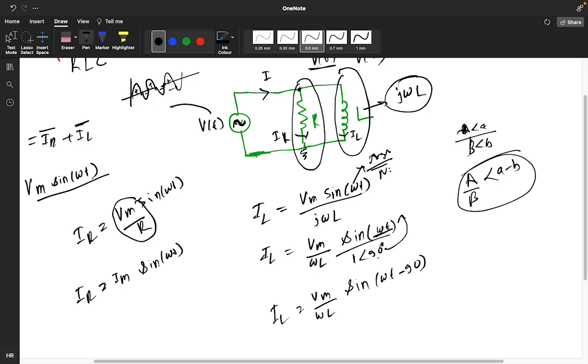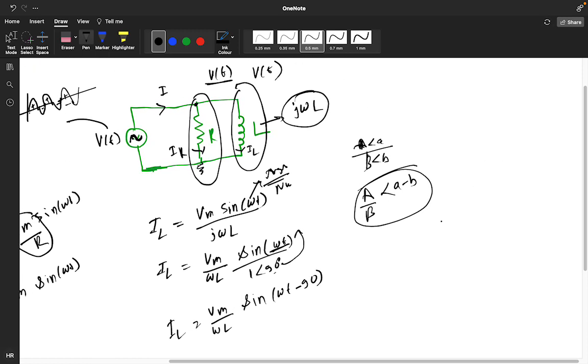This is your numerator part. And listen, let me tell you one thing, I have repeated these things many times, Vm sine omega t, you can write like this, Vrms at an angle 0 degree, because with the omega t nothing is added, so assume it's 0 degree.